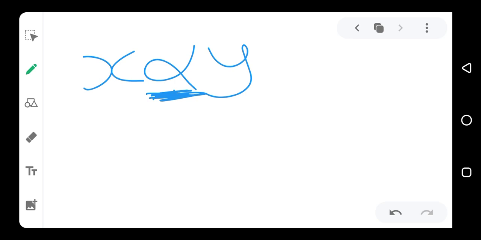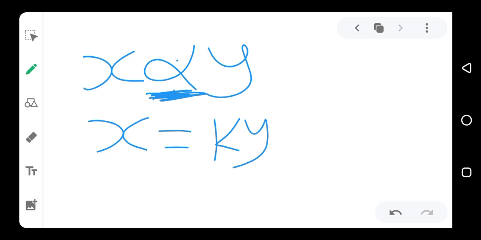So we have x is equal to the constant times y. You can call your constant anything. Most of the times we call it k. With this k, you have removed the proportionality sign or variation sign.